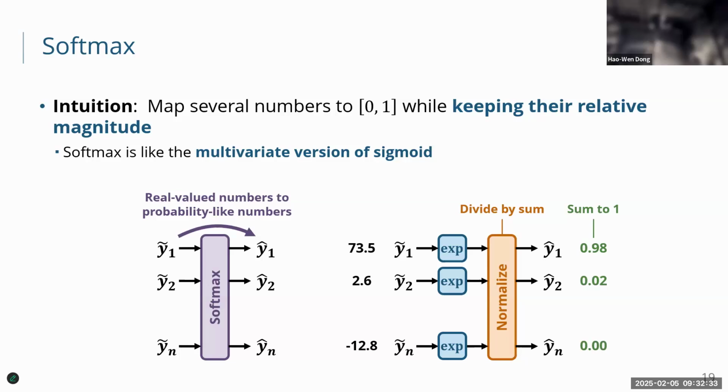But if you are doing multiple classes, say animals, the first one may be cat, the second one dog, the third one, I don't know, bird, then you don't do sigmoid at all. You just grab all of them and do this softmax so that you get something like, say, initially 0.3, 0.4, 0.3.